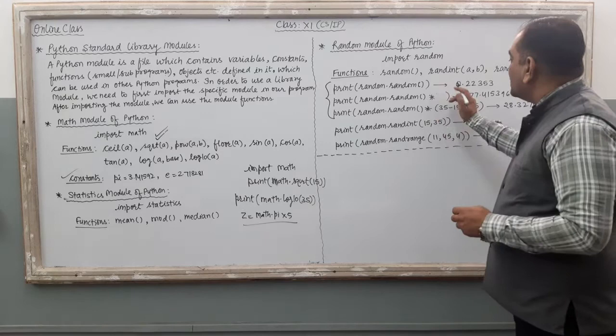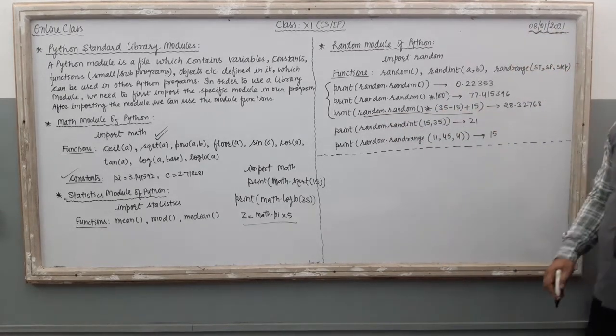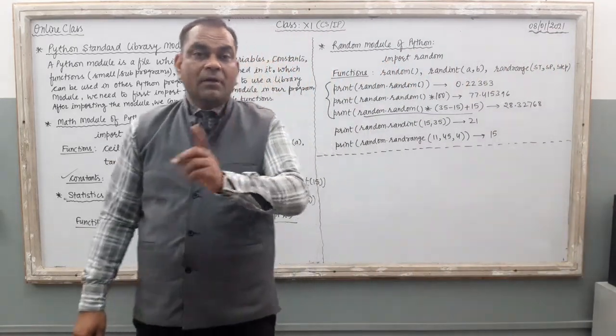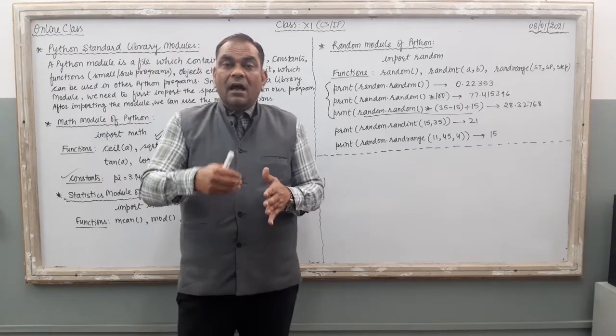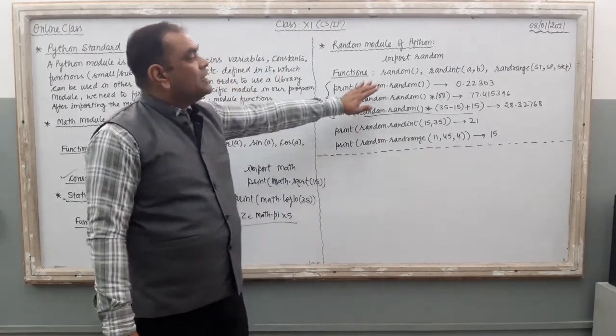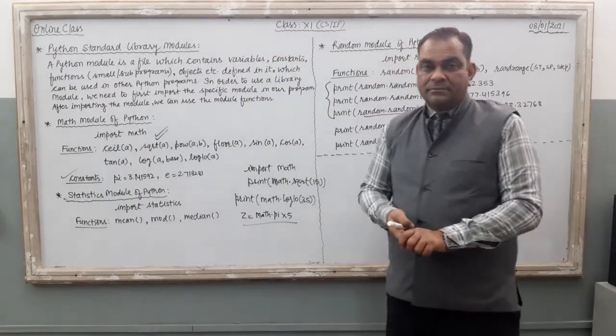Now just see what is the third use of this function. Just see this statement. The question is, if you want to get a specific random number in between a minimum to maximum range, right? By default, the computer will generate the random number from 0.0 to the given digit. Clear?